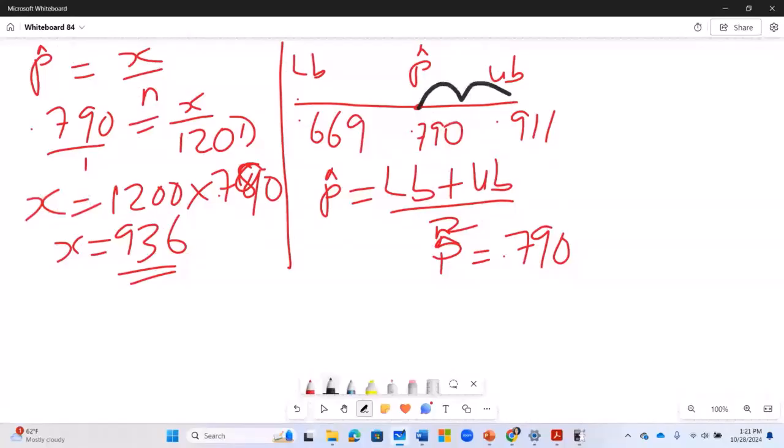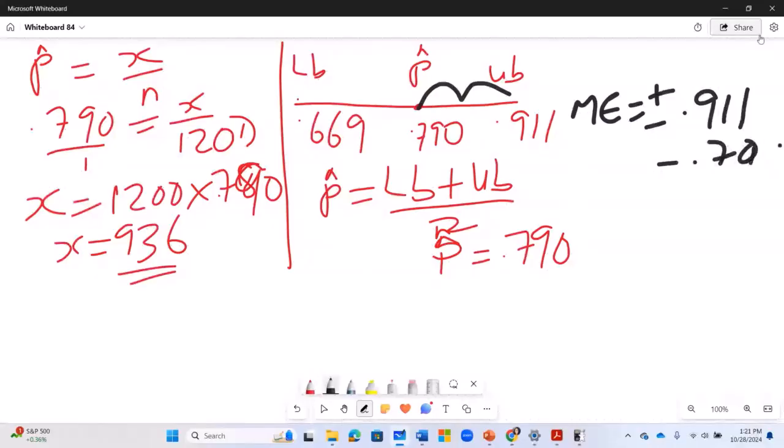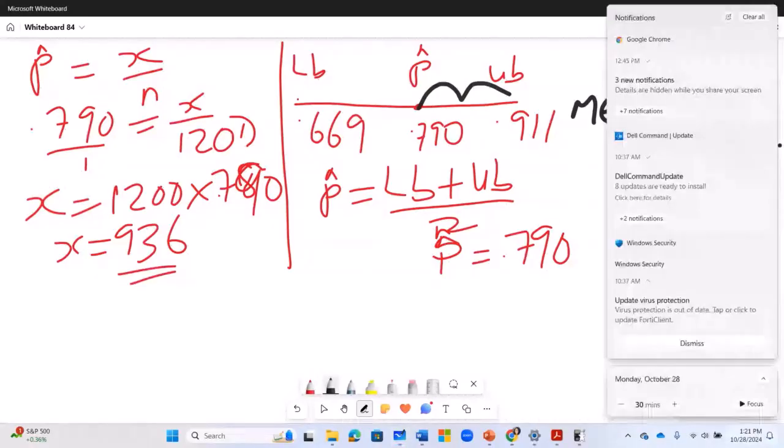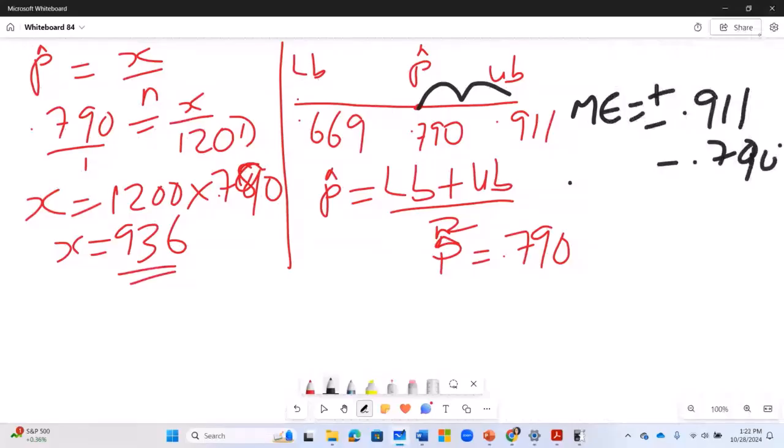So all I do is, I can put it plus or minus because p hat is the midpoint of the line, so it is 0.911 minus 0.790. 0.790 is the point estimate, and I'm looking for this distance. 0.911 minus 0.790 is the margin of error.